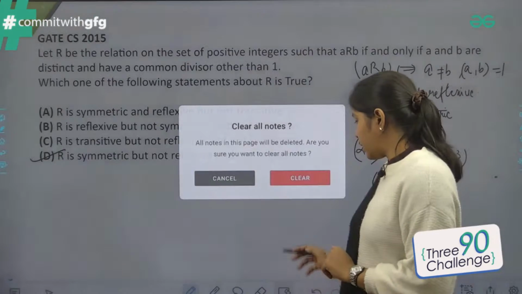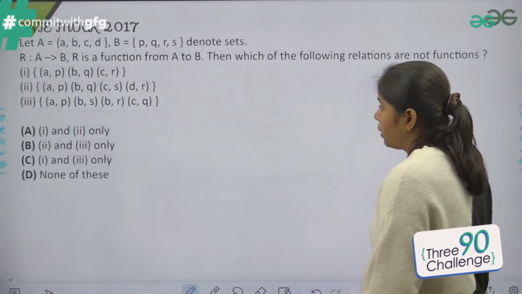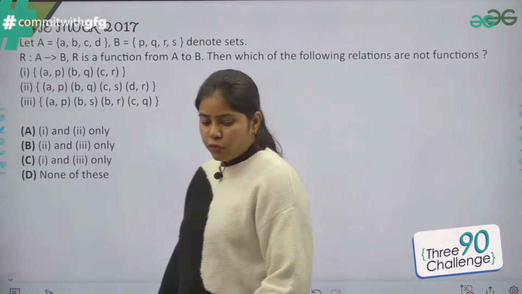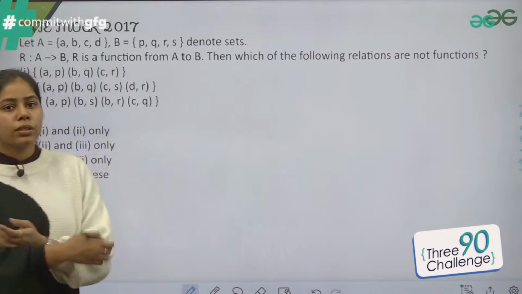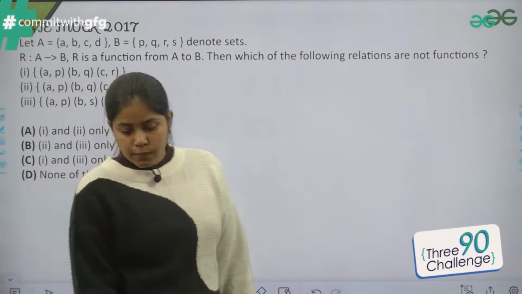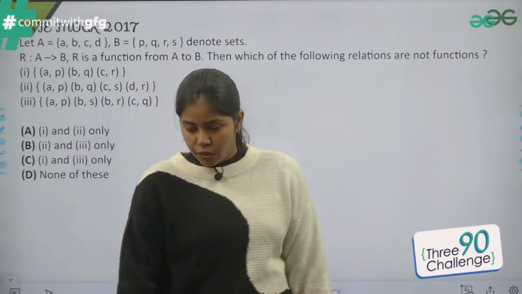Okay, so if it is clear, let's move forward. Yeah, this is another question, guys. Do you guys know the definition of a function? You just have to use it. This is a question from mock 2016: which of the following relations are not functions?